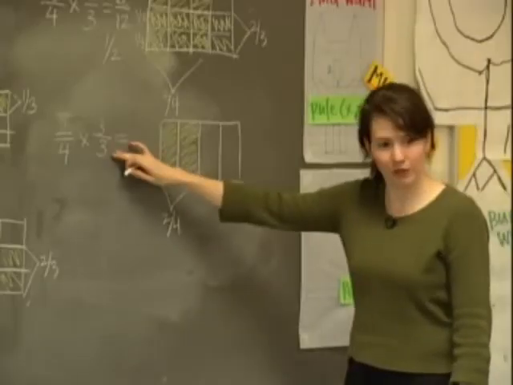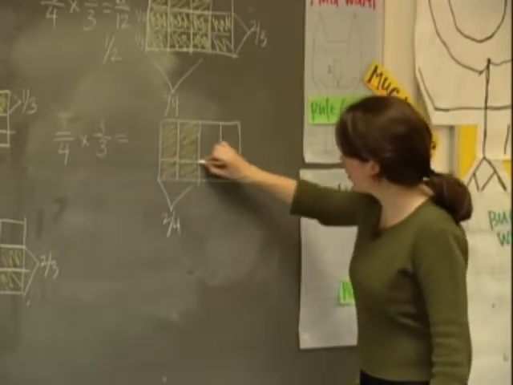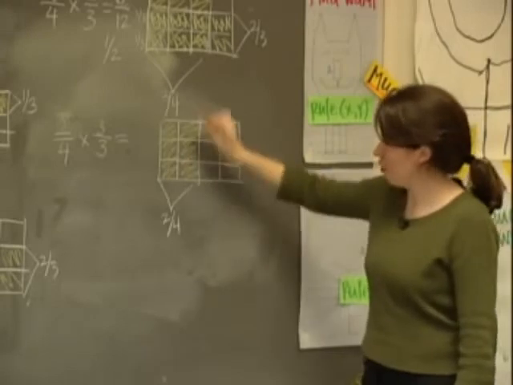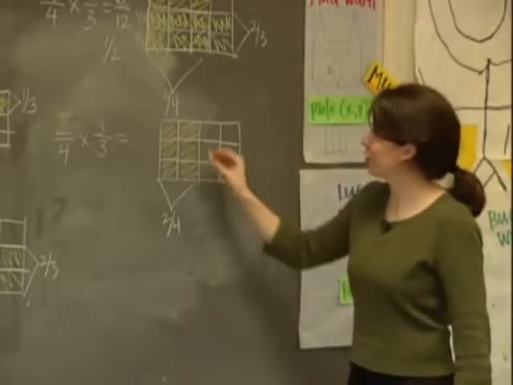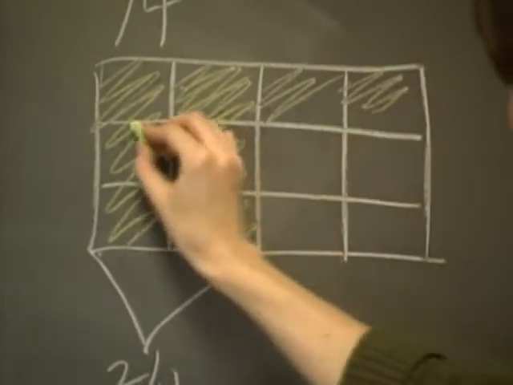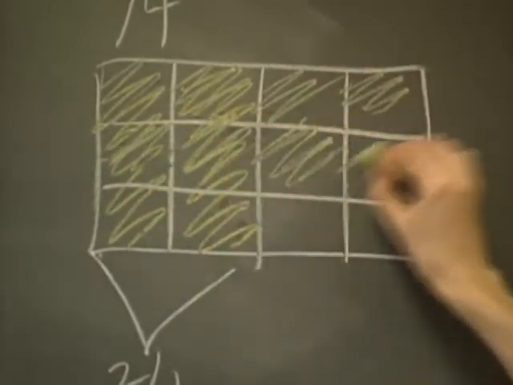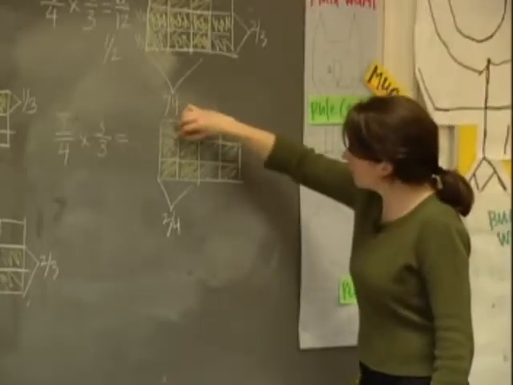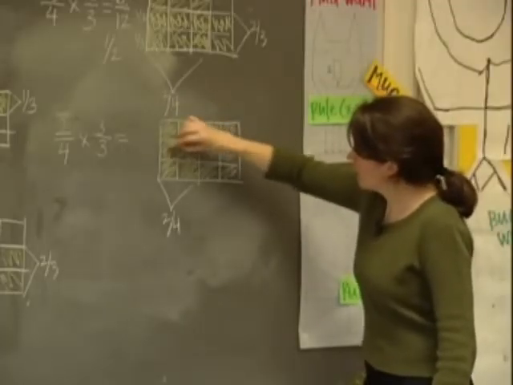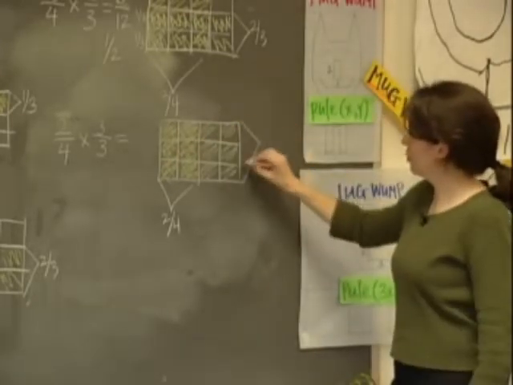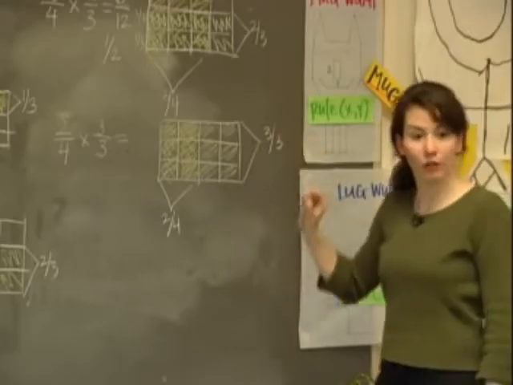And then, as we've done in the other rectangles, we'll divide this part into thirds. And now I want to show 3 out of the thirds, all thirds. So I'll think about this piece. In other words, the whole thing. And I can note that this is 3 pieces out of 3.